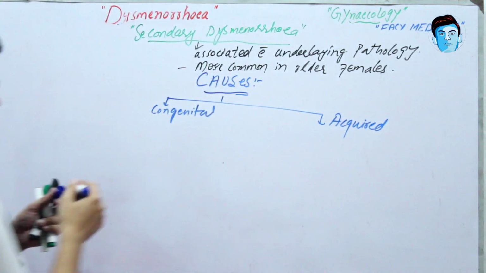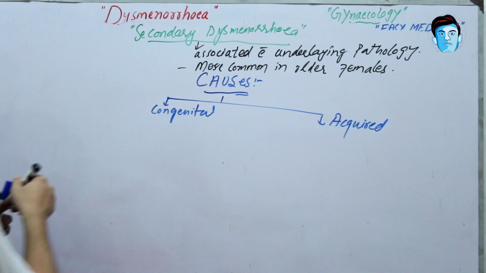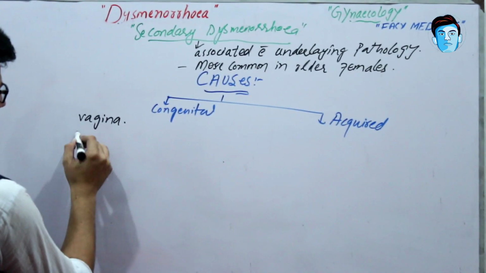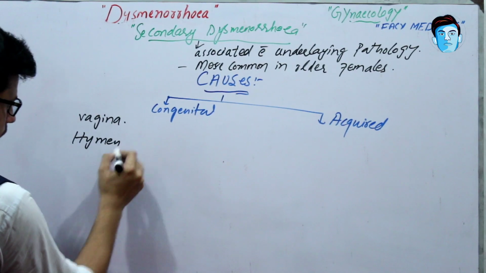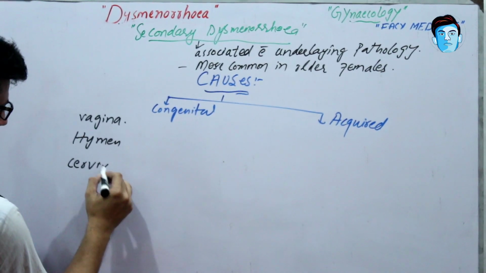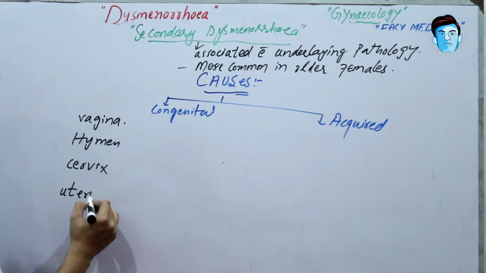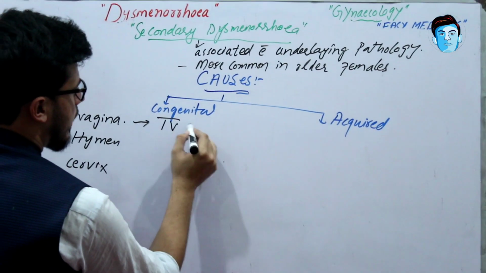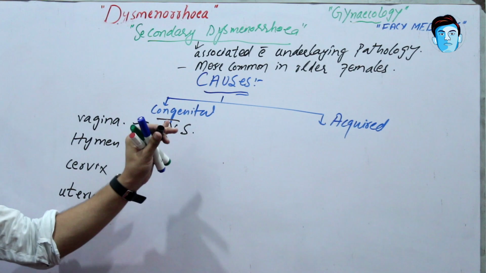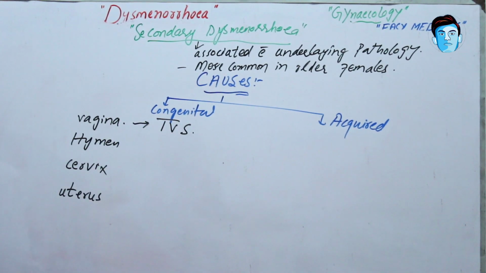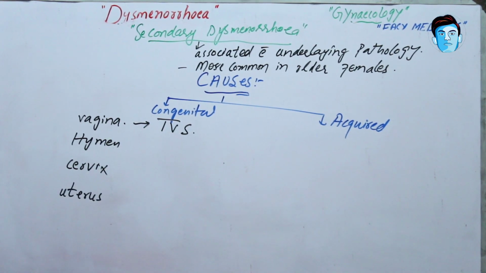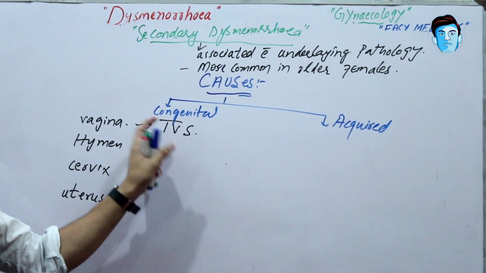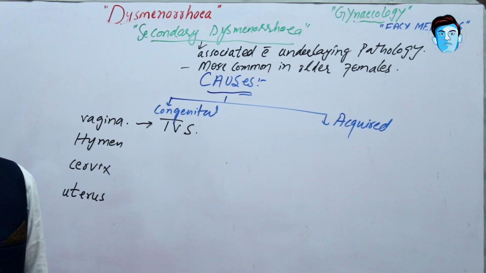In the congenital causes, there are different organs like vagina, hymen, cervix, and uterus. In the vagina, there is a condition called transverse vaginal septum. It is a wall of tissue that runs across the vagina, and it usually blocks the vagina.